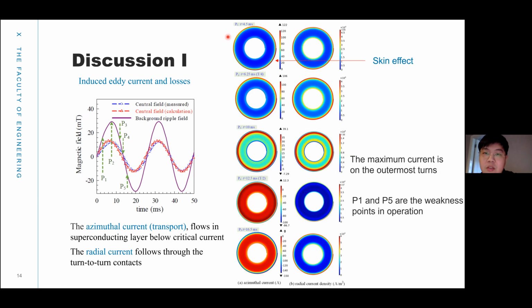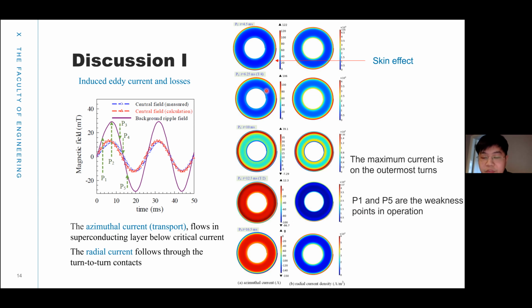This makes sense because the outer layer has a larger diameter and will couple the most magnetic field from the background. And we found that the maximum current is on the outermost turn, and the P1 and P5 moments are the weakest points in operation.